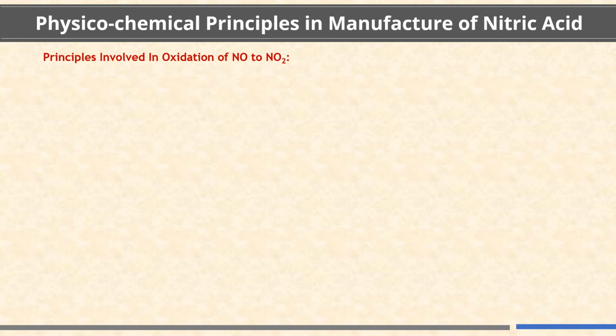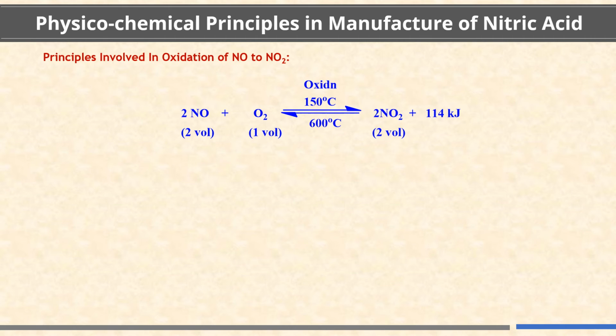Let us consider the next step, the principles involved in the oxidation of nitric oxide to nitrogen dioxide. Here is the reaction. The nitric oxide is reacted with oxygen, undergoes oxidation, gives 2 NO2.